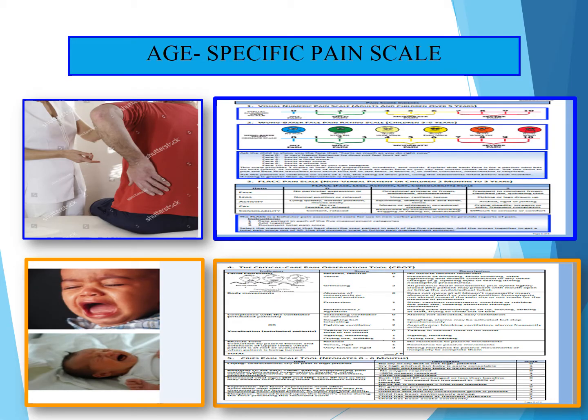Pain is the fifth vital sign that refers to an unpleasant sensory and emotional experience associated with actual or potential tissue damage or described in terms of such damage, and which may occur independent of tissue damage. International Association for the Study of Pain, IASP, 2009. There are two types of pain.